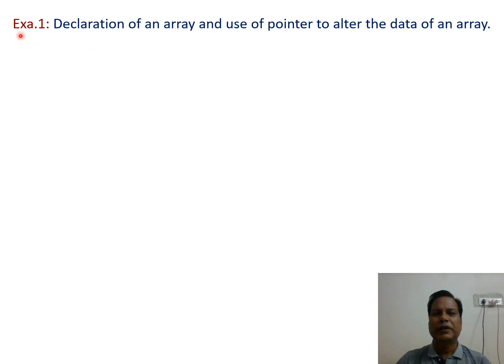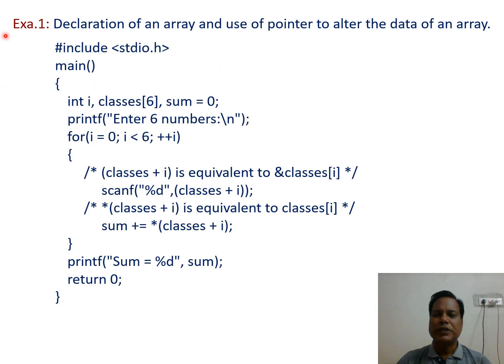Now let us take the first example program. In this example program, we declare an array and use a pointer to alter the data of the array. The example program may be like this.